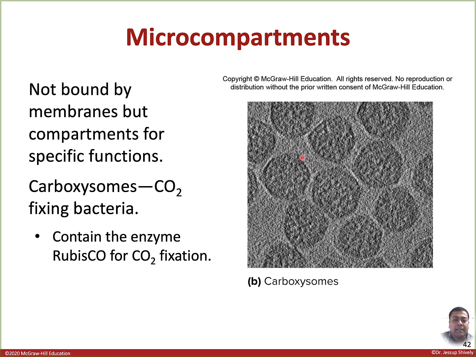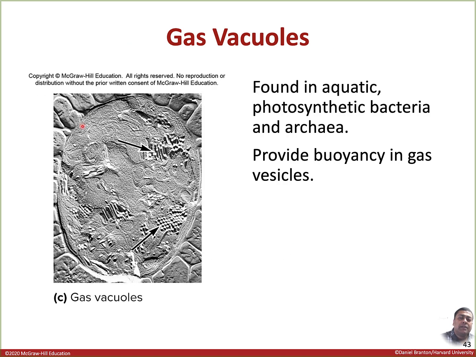Towards the outside, they have the carbonic anhydrase enzyme, which helps release the carbon dioxide from bicarbonate, HCO3 minus. That reaction, carbonic anhydrase, is present near the outside. On the other hand, the inside contains the enzyme called RuBisCO, which is ribulose bisphosphate carboxylase oxygenase.